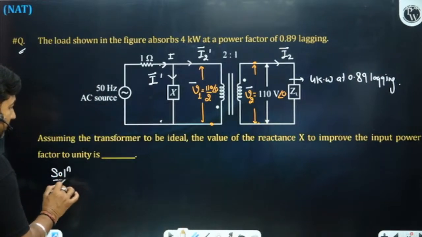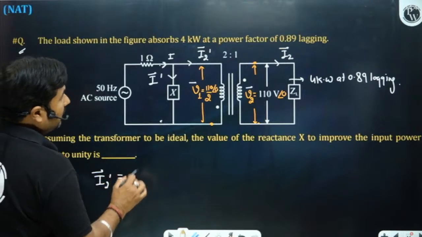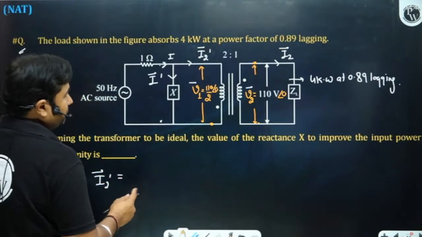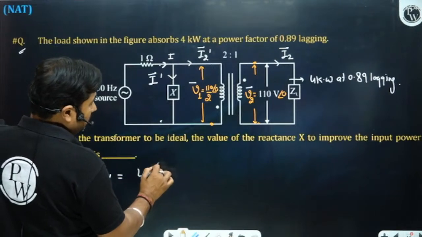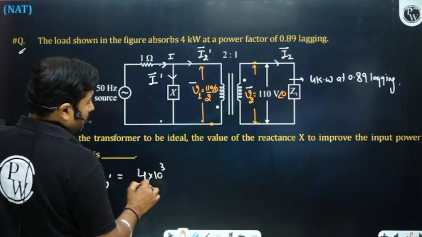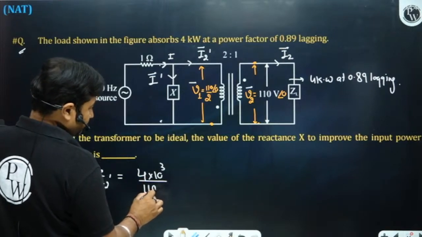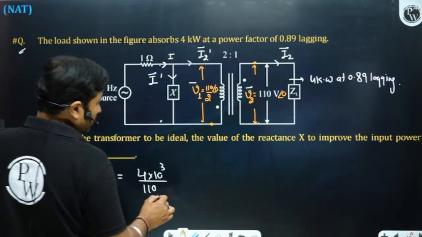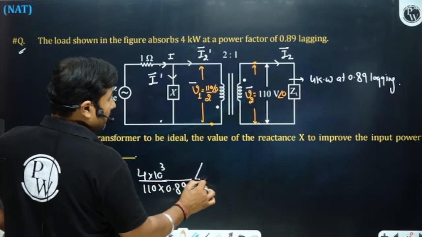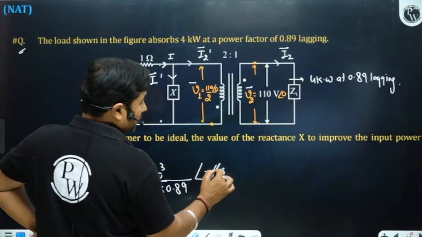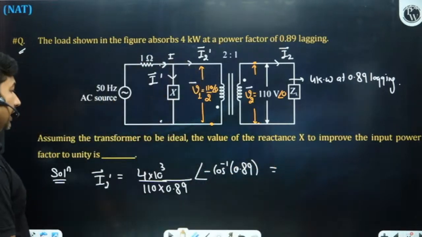So now please observe here. First of all, we need to calculate I2 dash. What is I2 dash? It will become 4 kilowatt, VI cos phi, divided by 110. Cos phi is 0.89 at an angle of minus cos inverse 0.89. So this is your I2.